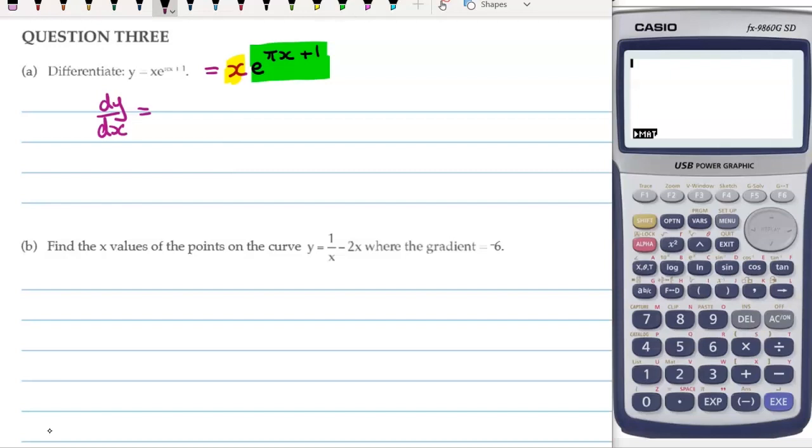So we do the first one differentiated as 1, we get e to the pi x plus 1. Add on the first one times the derivative of the second, which is pi e to the pi x plus 1. You can leave it like that, you can tidy it up, you could factorize it, but I would just say leave it as it is and you'll get your mark.